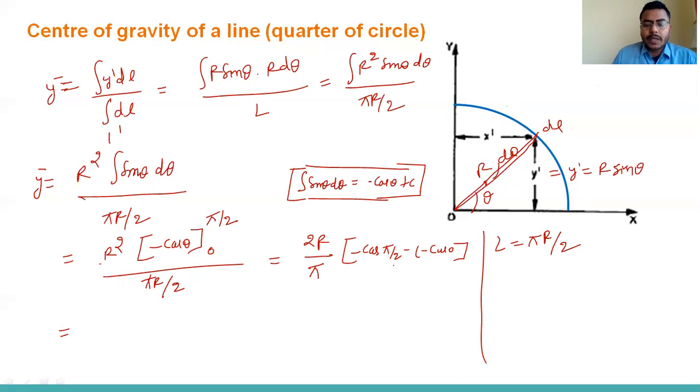What is minus cos pi by 2? Cos pi by 2 is 90 degree, so this will be 0. And cos 0 is 1. So we are getting 2r divided by pi into 0, minus minus will be plus 1. Cos 0 is 1. So we are getting 2r by pi.